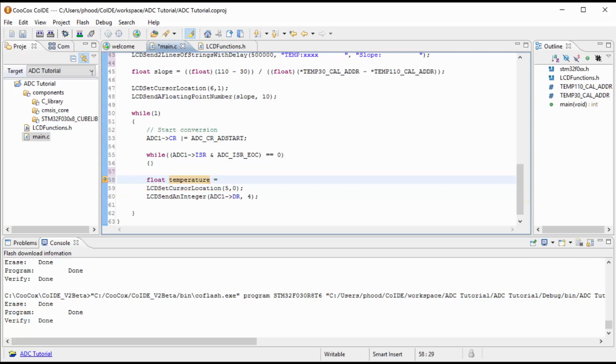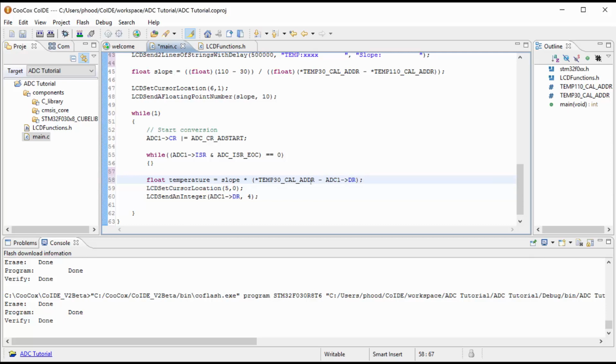And that's going to be equal to the slope times the difference between our calibrated 30-degree temperature digital value, and we're going to subtract the ADC value of the temperature. So that's going to give the difference from 30 degrees to the value of what the temperature is right now.